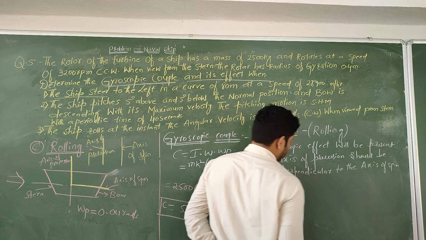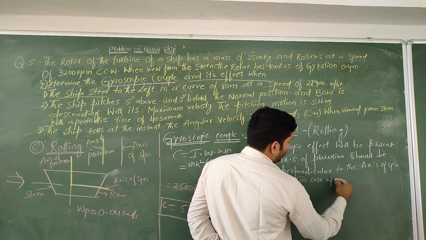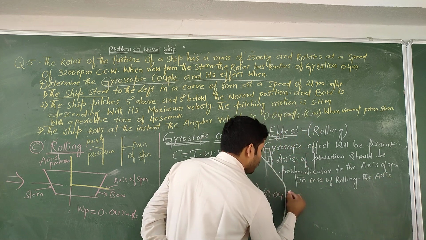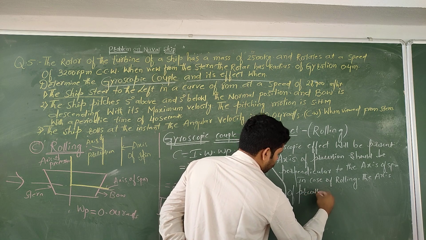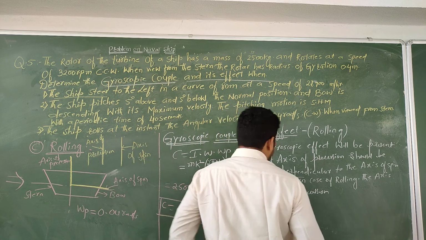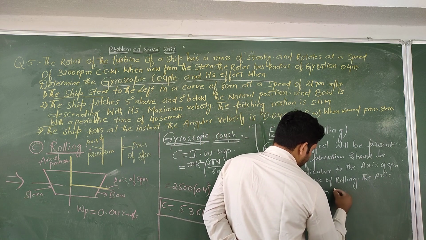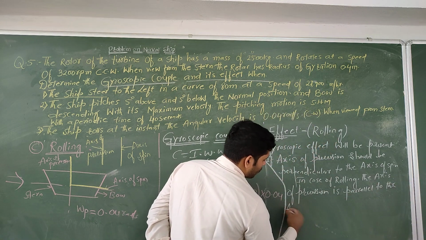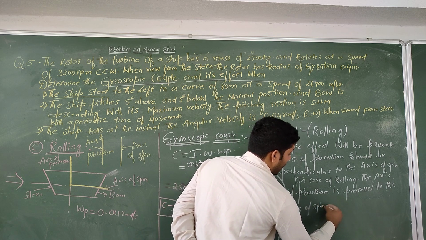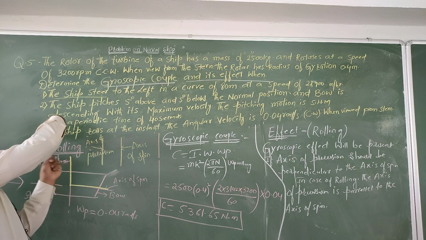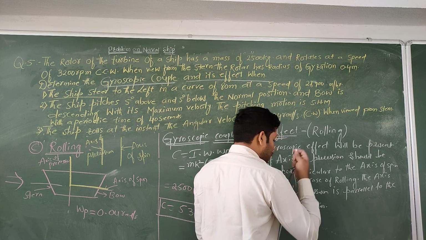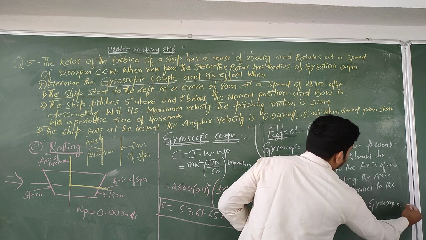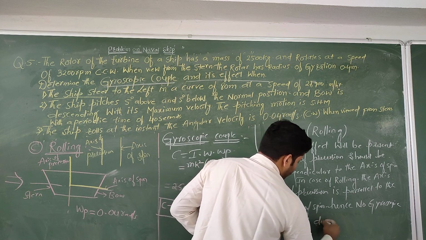In case of rolling, the axis of precession is parallel to the axis of spin, hence no gyroscopic effect during the rolling.